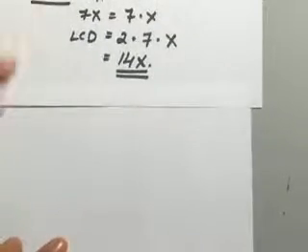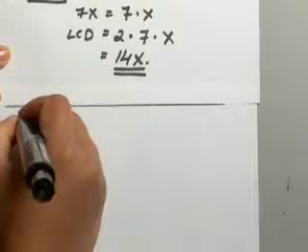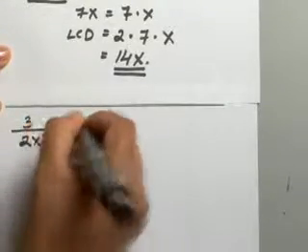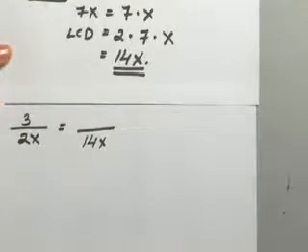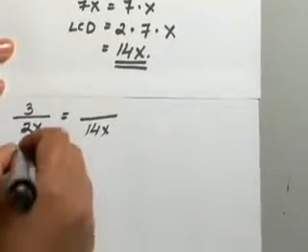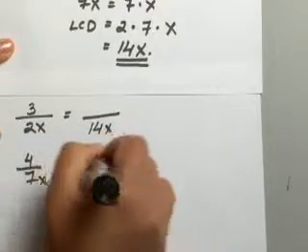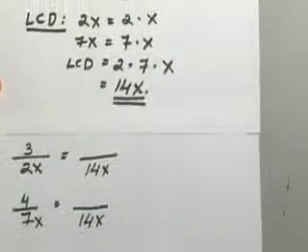Alrighty, so first thing, rewrite each expression as an equivalent rational expression. So you take 3 over 2x, and you want it to have the denominator of 14x. You will do the same thing with 4 over 7x. You want that also to have a denominator of 14x.